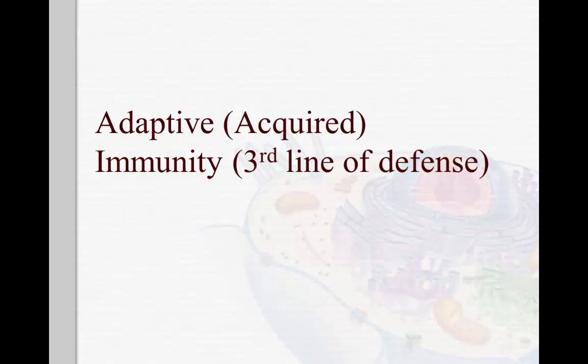It is the hallmark: it has the ability to learn, adapt, and remember. The acquired immunity takes time to develop after first exposure. We discussed innate immunity and inflammation, which is fast. Acquired immunity is more delayed. It takes time, but it creates memory, so it is more effective.